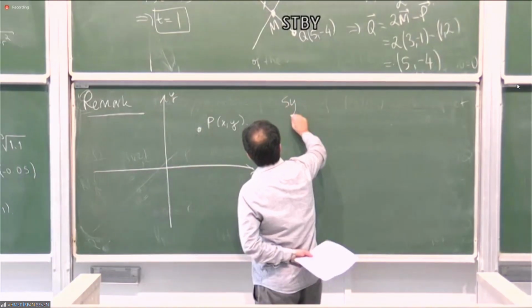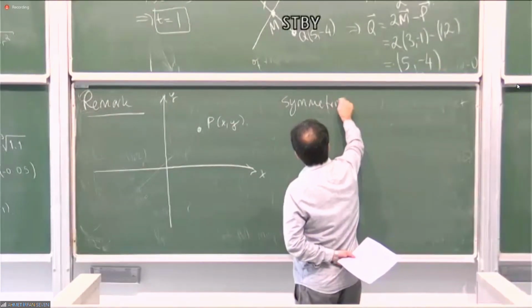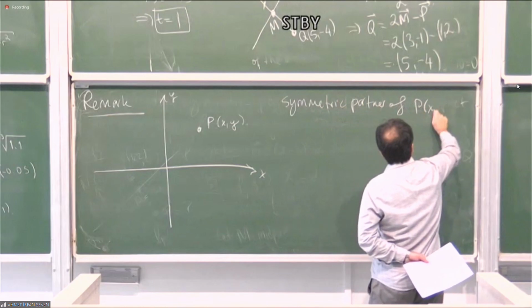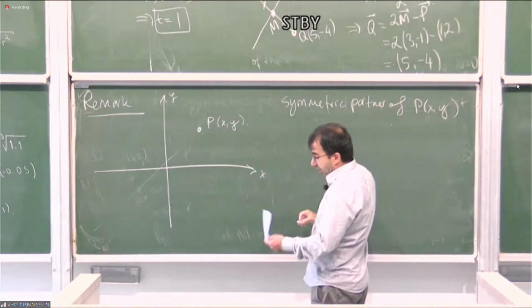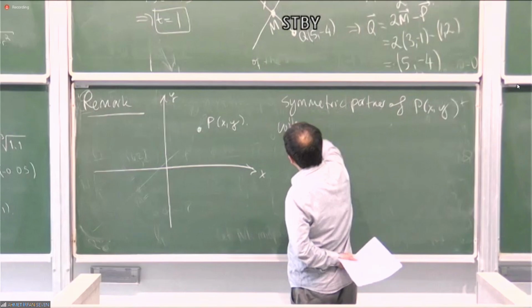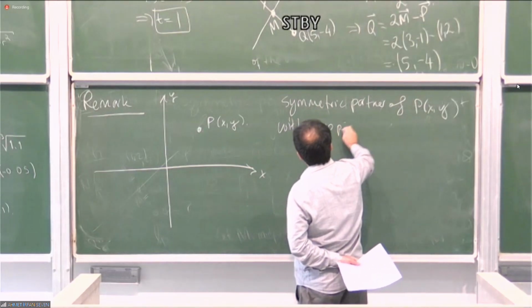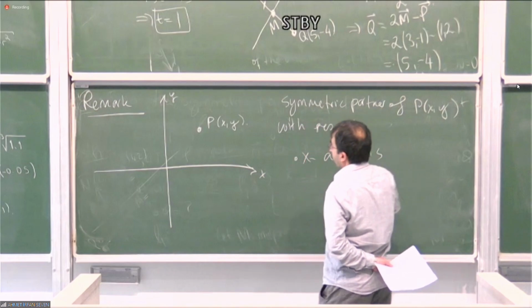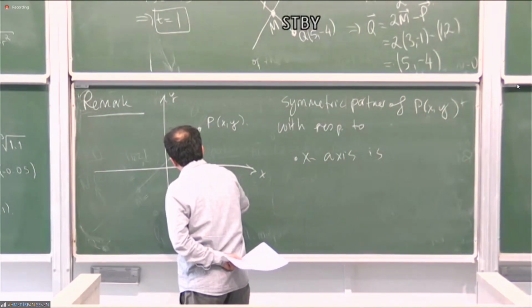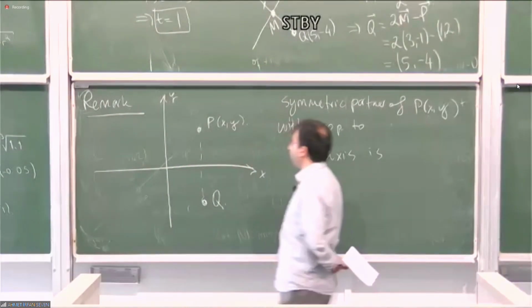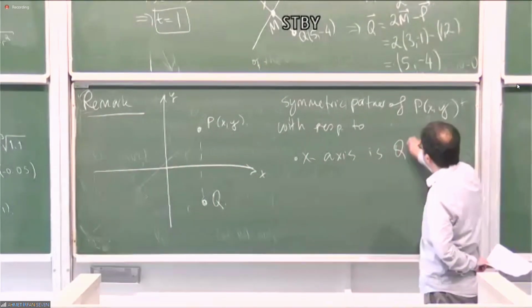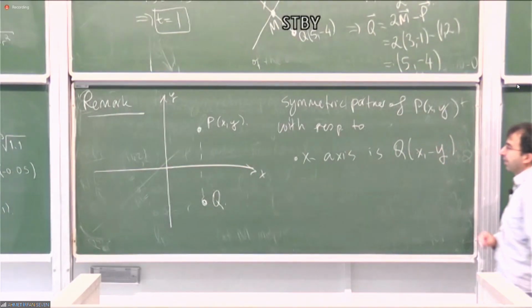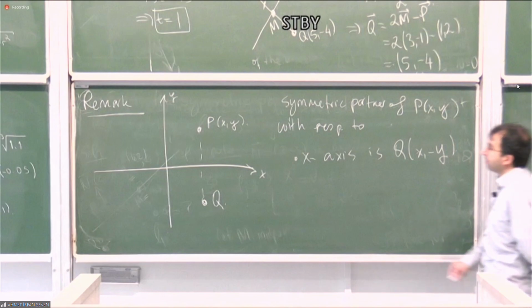The symmetric partner of this point P(x, y) with respect to the x-axis. Let's call this point Q. So what are the coordinates of this Q? x and minus y, right?